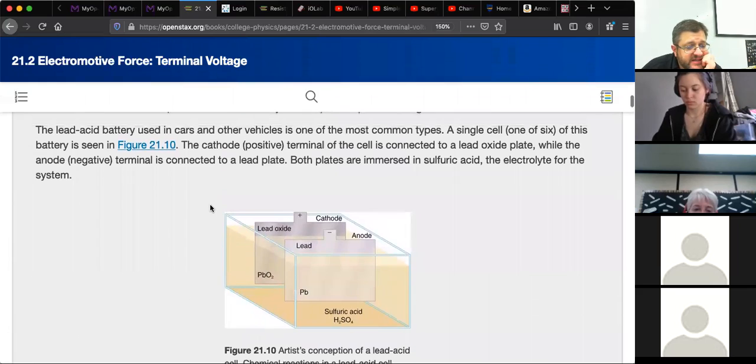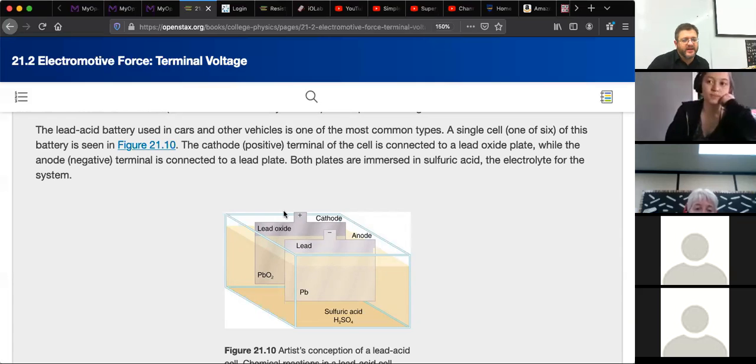So here you have a very simple and one of the first types of cells. It's a lead acid battery where you have lead oxide on the cathode. Lead oxide is lead that's been left out in the air essentially and allowed to go kind of gray. That dull gray color that we associate with lead is actually lead oxide. And pure lead is a little shinier.